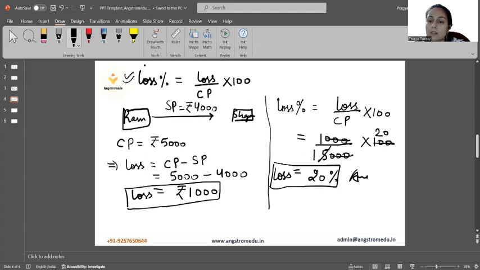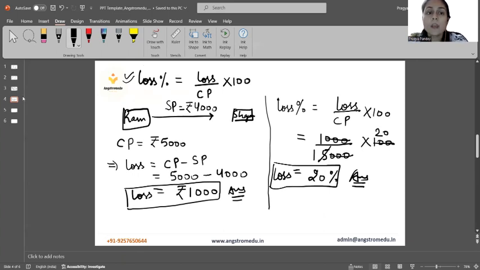All right. So this is the way to calculate profit and loss percentage. Till now we have studied the concept of cost price, selling price, profit, loss, profit percent, and loss percent. Now it's time to practice a few questions based upon the formulas which we have studied.